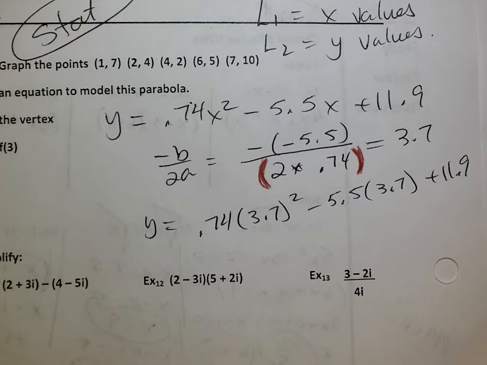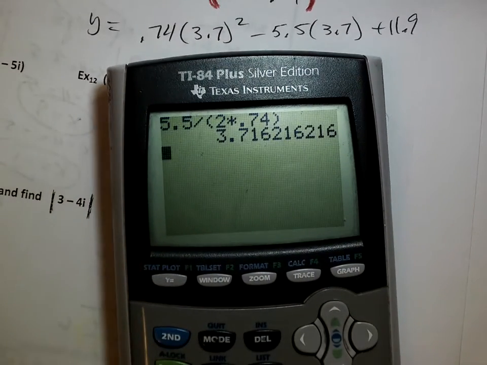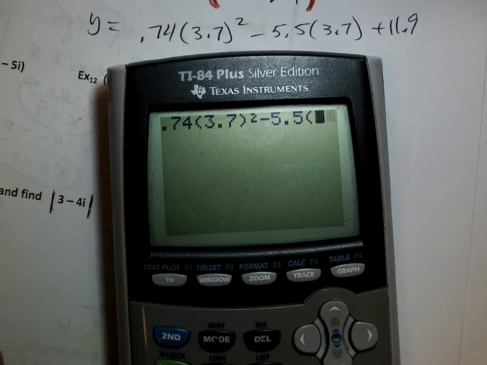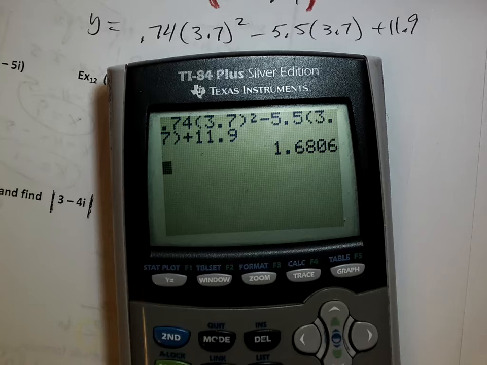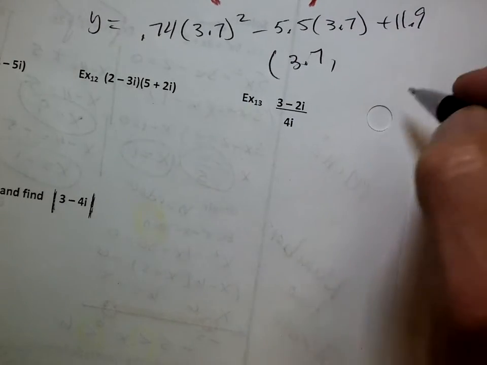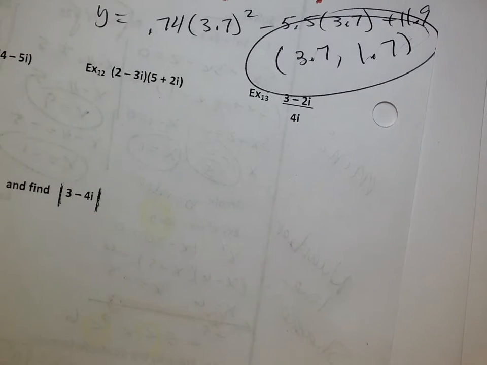So 0.74 times 3.7 squared minus 5.5 times 3.7 plus 11.9. Boom. About 1.68, or round up to 1.7. So my vertex then is going to be 3.7 comma 1.7. How am I doing?